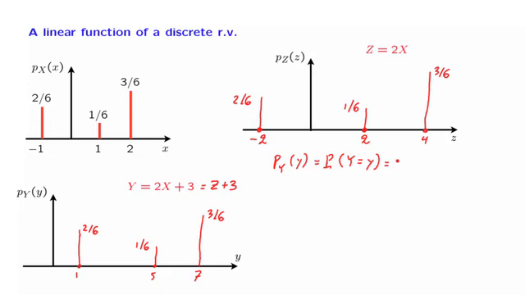Then we recall that Y has been defined in our example to be equal to 2X plus 3, so we're looking at the probability of this event. But this is the same as the event that X takes a value equal to (y minus 3) divided by 2. And in PMF notation, we can write it in this form.